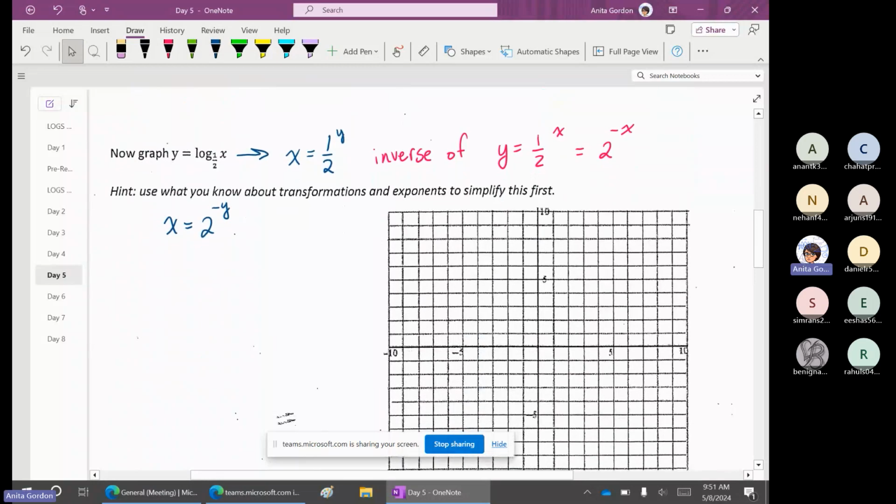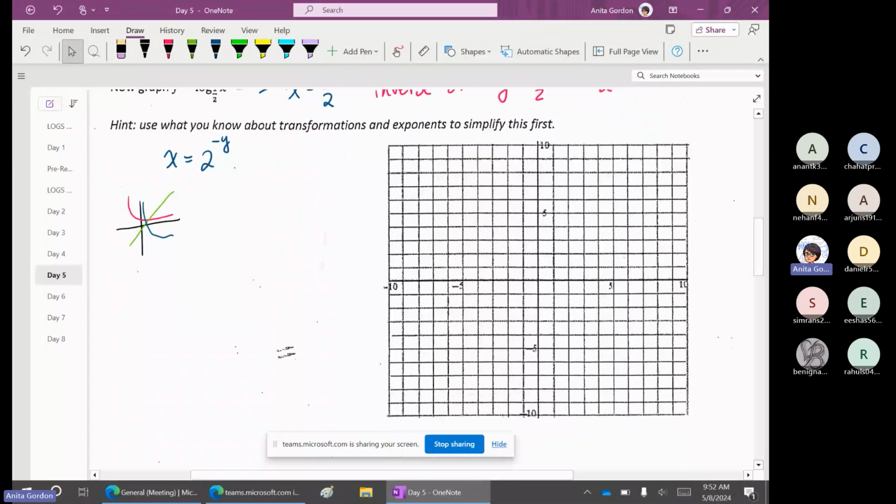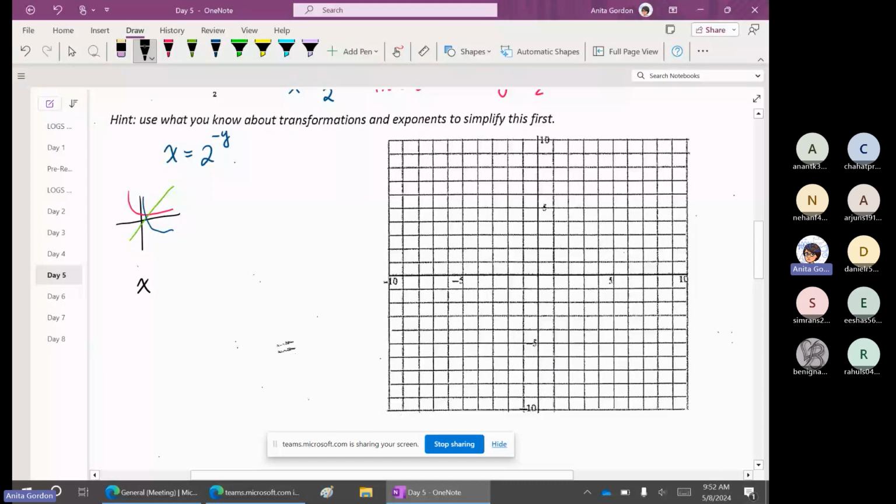So again, think of a decay graph. In lesson 3, we said a decay graph looks like this. Well, if we flip it over this green line, now it's going to look like this. So our x and y values, let's make a few samples here. And again, I'm using the same coordinates that I did in lesson 3. So -3, -2, -1, 0, 1, 2, 3.